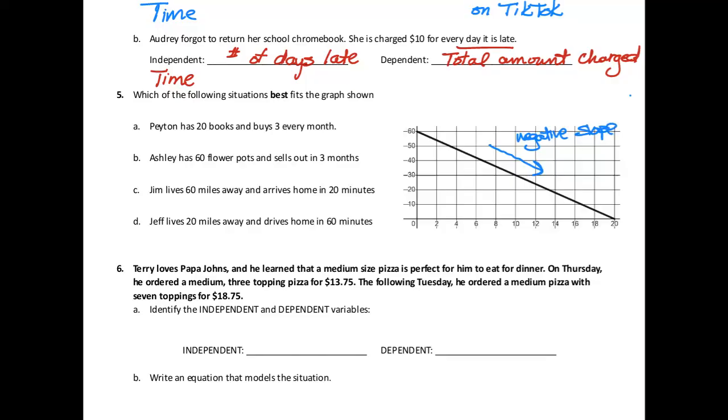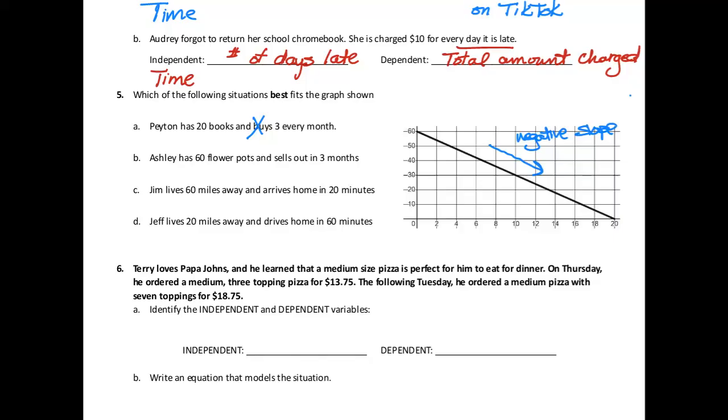Peyton has 20 books. I missed what the first one said. Is it C? Let's see. Peyton has 20 books and buys 3. Well, if he was buying 3, that would be increasing. So I definitely don't think it's that.